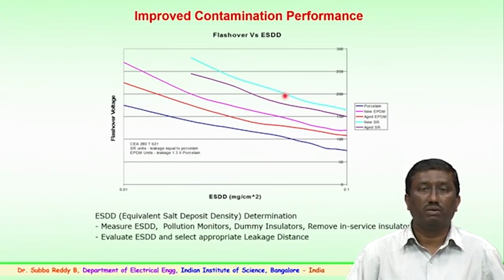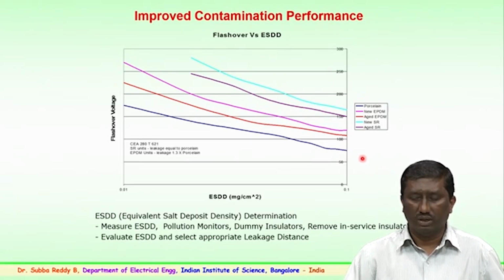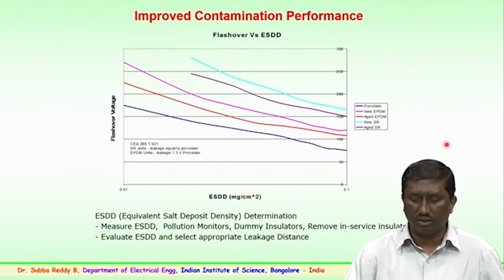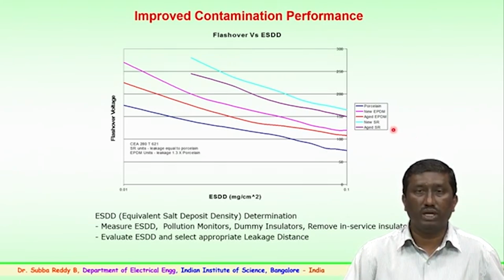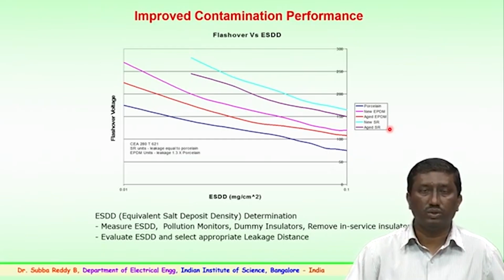The curves very clearly give you the idea of what has been used for porcelain, then EPDM and polymer insulator. There is a new SRS silicon rubber insulator, aged silicon rubber insulator. Ethylene propylene diene monomer is the EPDM material which is being used for the insulation purpose.